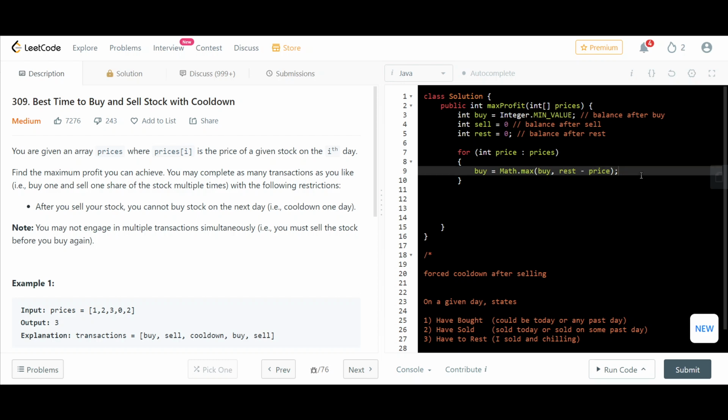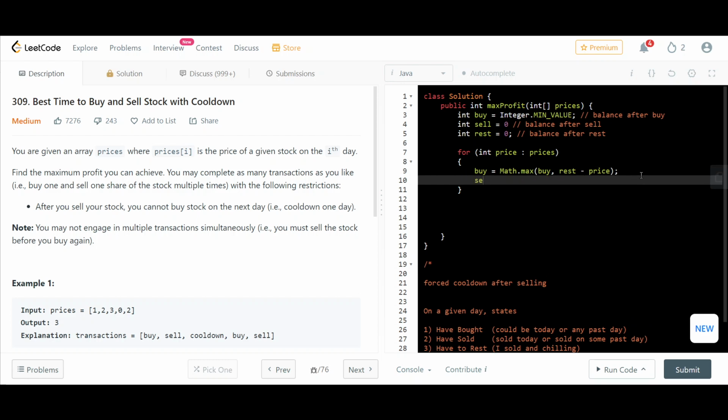Now, this is the buy. If my state is that I sold, then it will be either I sold some day back, or if I sell today, whichever gives me the better result. So if I sell today, that means whenever I last bought, and then I sell it, so plus price. And then the other is rest.